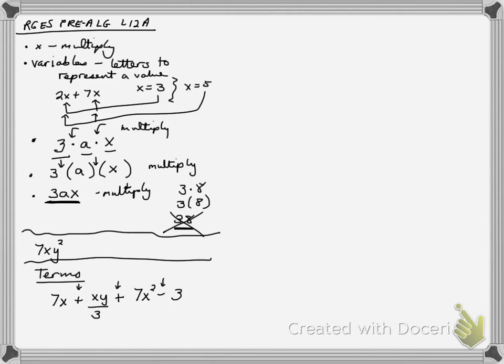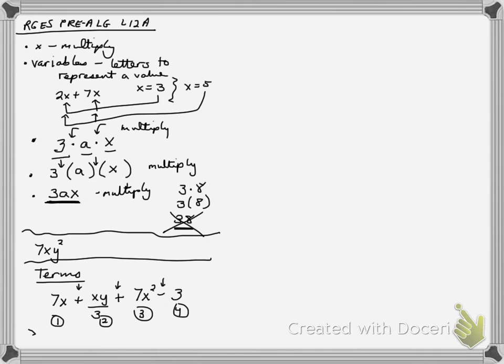Minus 3. It could just be a number. Okay. So when we have terms, this is term 1, term 2, term 3, and term 4. And you just want to recognize how many terms there are. We'll practice this as we look at them. Now, so this is 4 terms.